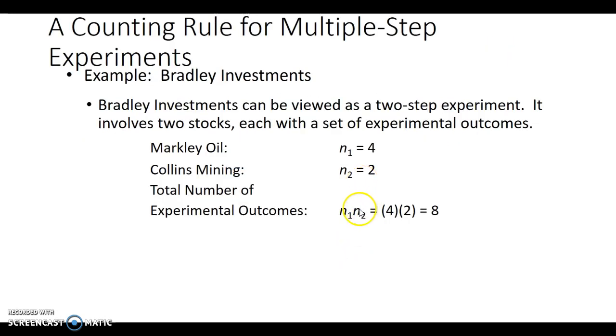We can multiply N1, the number of experimental outcomes from Markley Oil, times N2, the number of experimental outcomes from Collins Mining. 4 times 2 gives us 8 experimental outcomes that are possible.